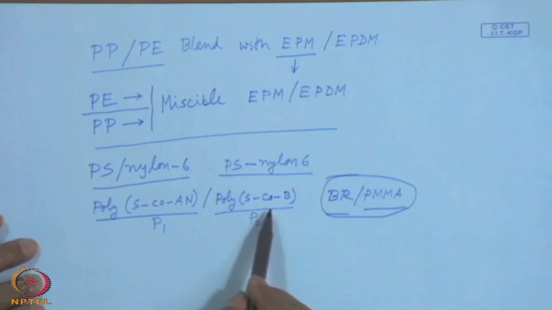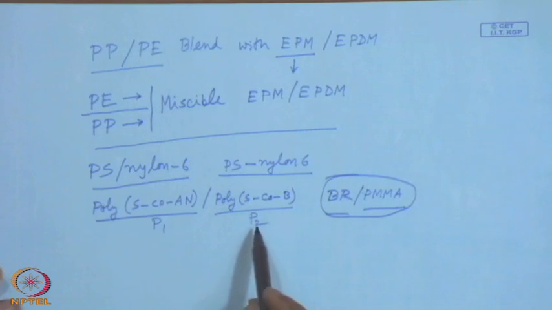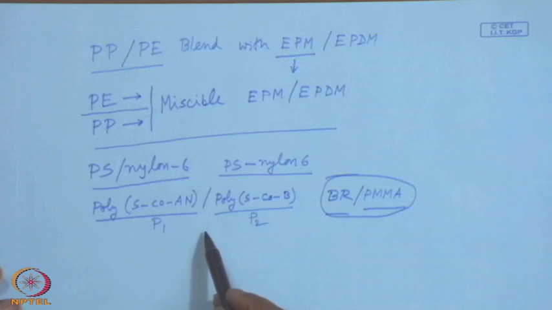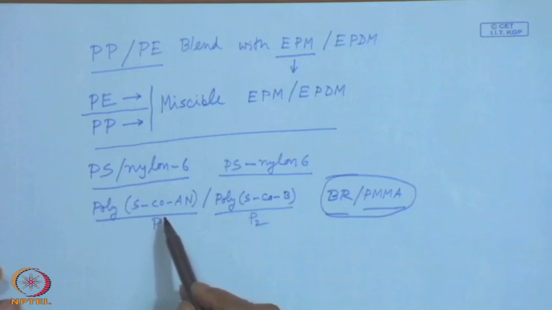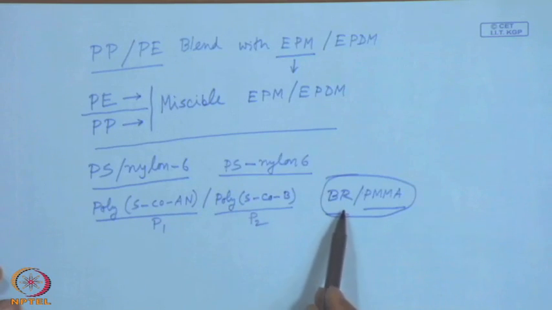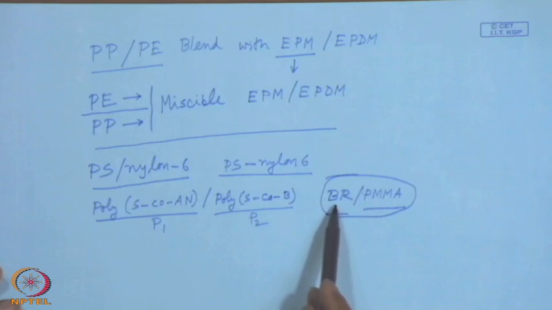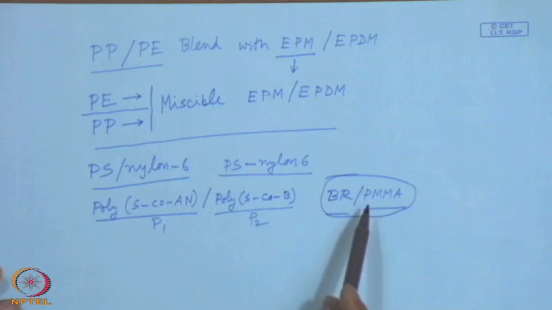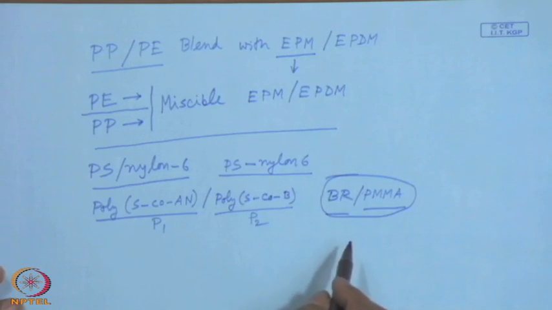This is an elastomer, but their miscibility is not available. In order to improve the miscibility between this styrene butadiene copolymer SBR with the styrene acrylonitrile copolymer, a block copolymer of butadiene and PMMA acts as a compatibilizer to increase the properties.